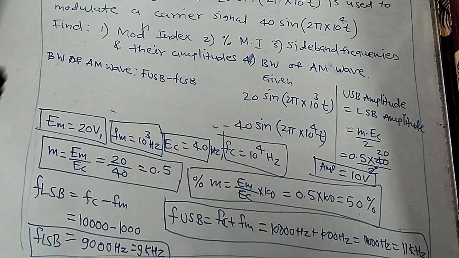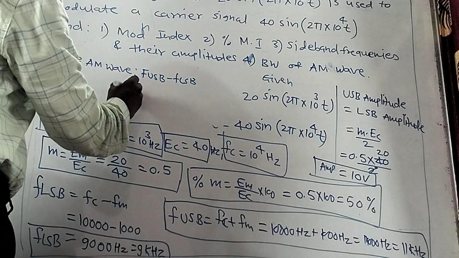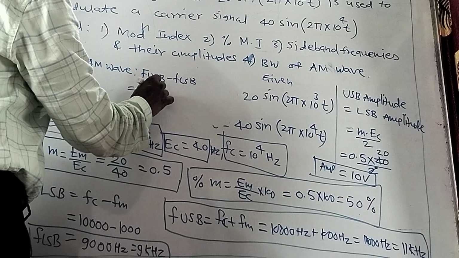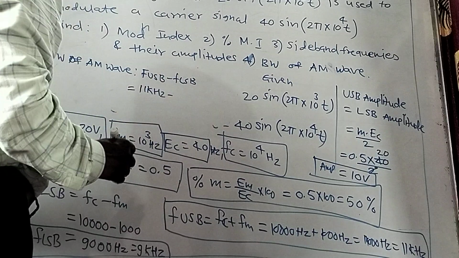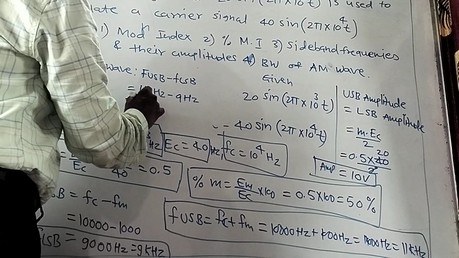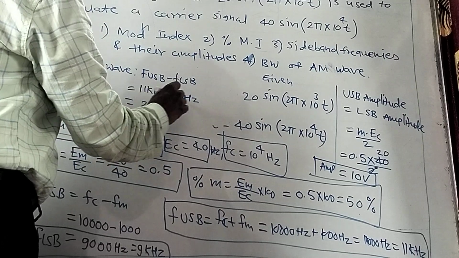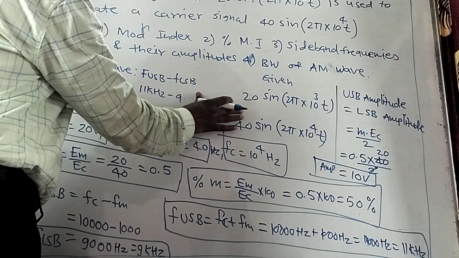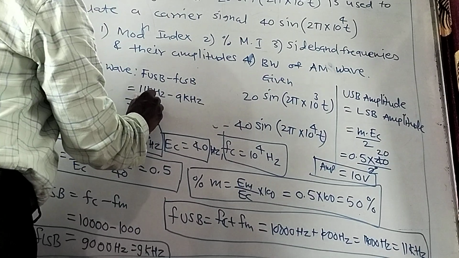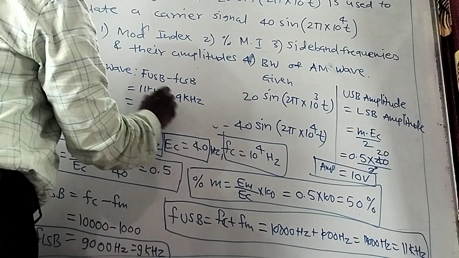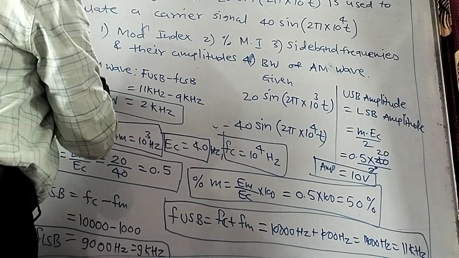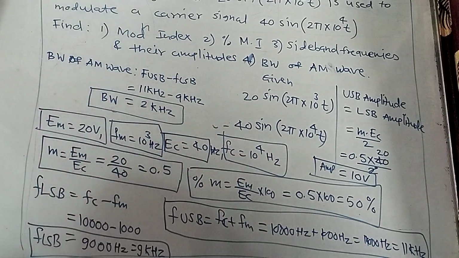We know that FUSB is equal to 11 kilohertz minus 9 kilohertz, that is equal to 2 kilohertz. This will be the bandwidth of AM wave.